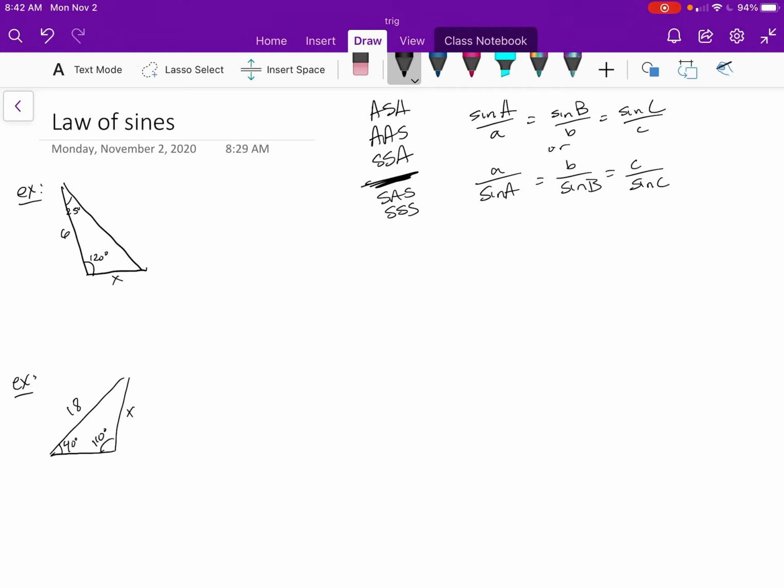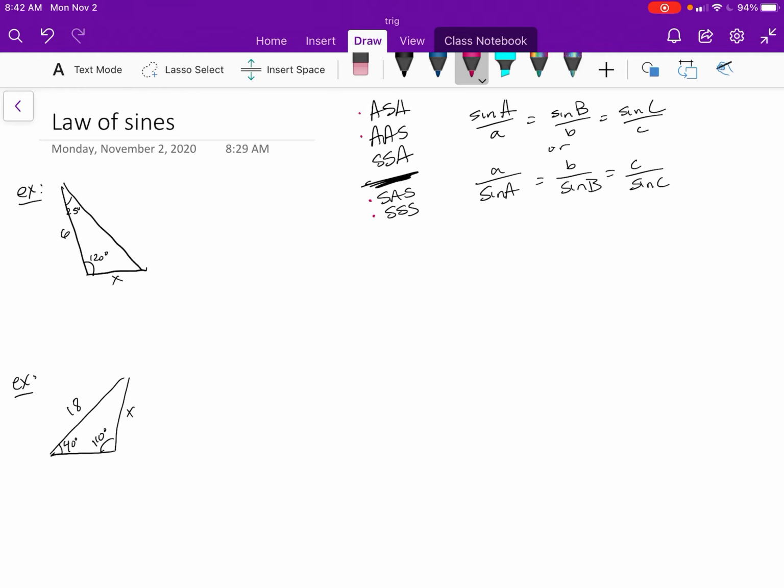For those that have taken a high school geometry, I wanted to explain first off a relationship that we've seen back then. And this ASA, AAS, SAS, SSS, in high school geometry, we use those to determine if two triangles were congruent.